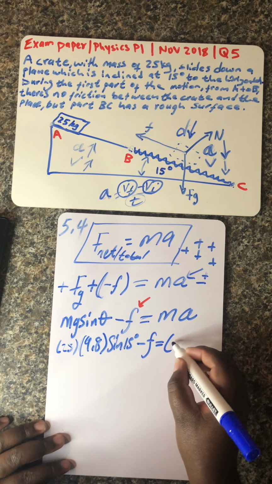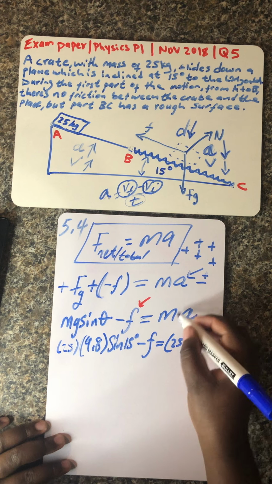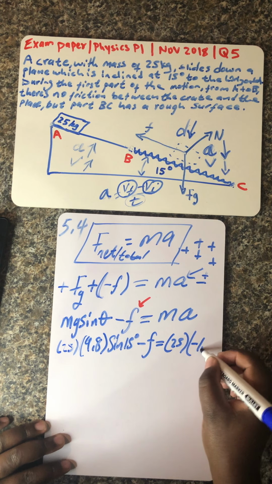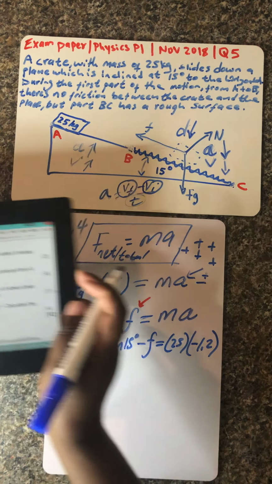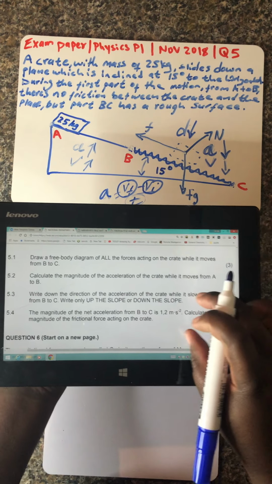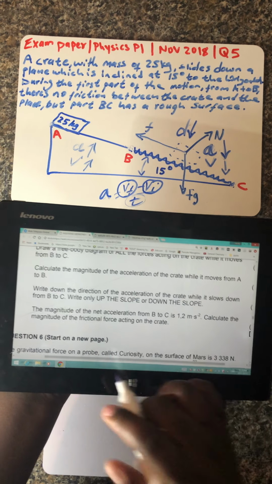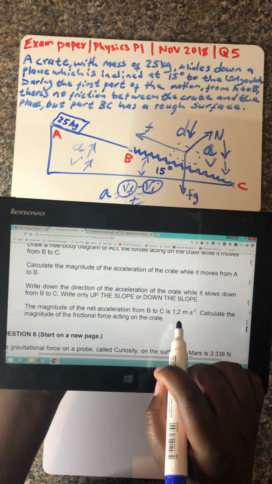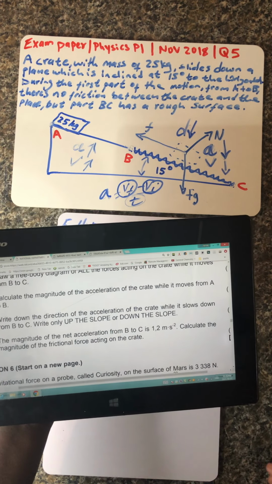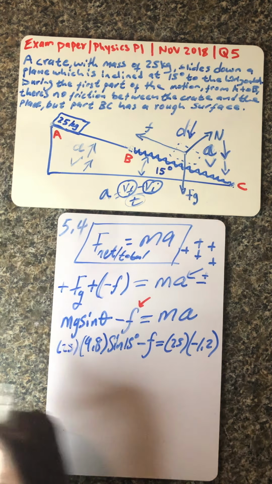So the mass is 25 again. But this a should be negative 1.2, guys. Where did I get that 1.2? I got it from the question. They said the magnitude of the net acceleration from B to C is 1.2 meters per second squared. So why am I substituting it as negative?